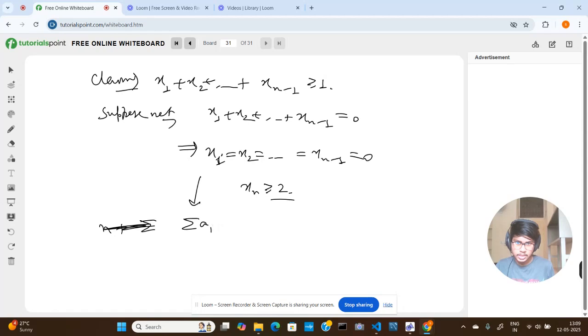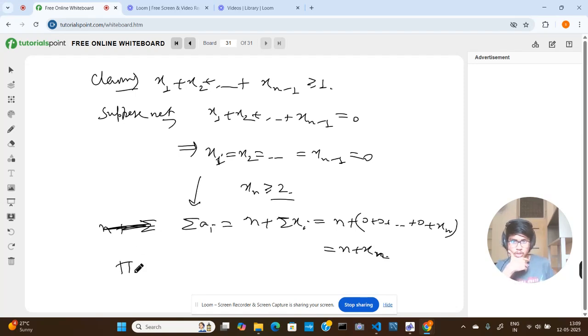We have the summation of ai is equal to n plus the summation of xi, which is equal to n plus 0 plus so on plus 0 plus xn, which is equal to n plus xn. And what is the product of ai?